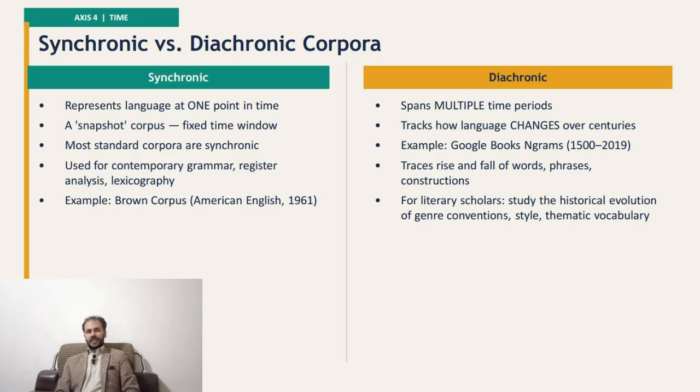It contains text from millions of books published from 1500 to 2019, allowing researchers to trace the rise and fall of words and phrases across centuries. For literary scholars, diachronic corpora open fascinating possibilities for studying the historical evolution of literary language and genre conventions.